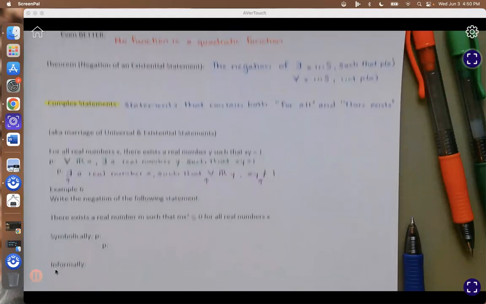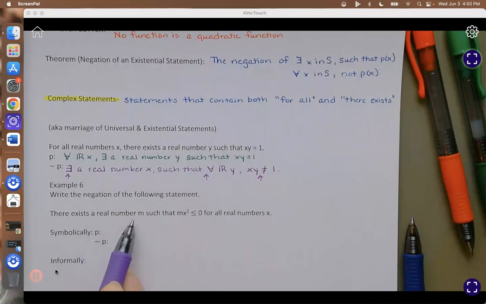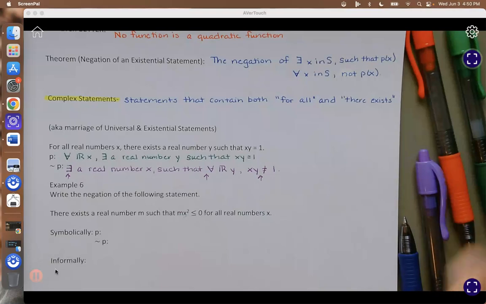So let's try one more. There exists a real number m such that mx squared is less than 0 for all real numbers x. All right, so here we go.